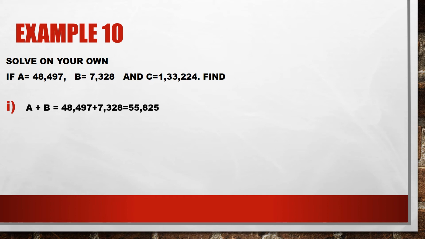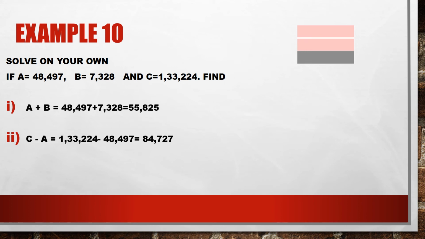So value of A is given 48,497 plus value of B is 7,328. So when you add them, you get the answer 55,825. Draw a table, solution box and write the values of A and B and find the answer. You will get 55,825 as your answer. So enter these values in the solution box.